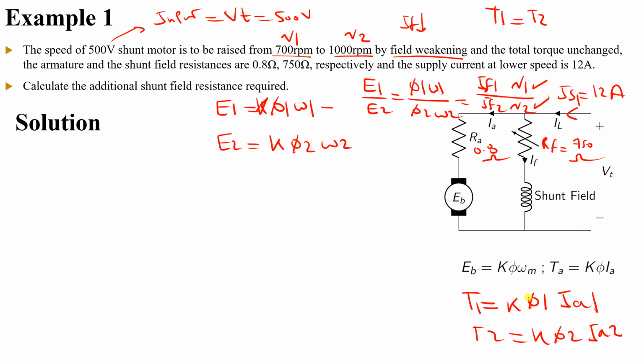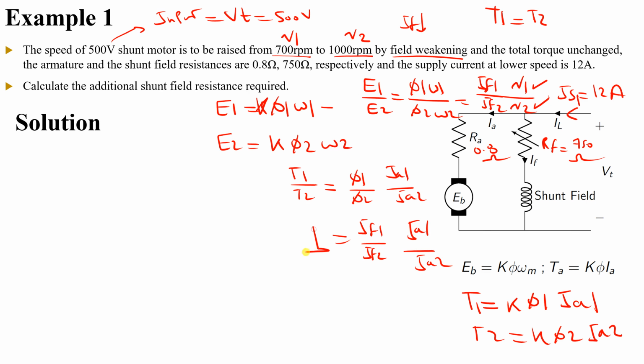If you divide these two, you will have T1 over T2 equals phi 1 over phi 2 multiplied by IA1 over IA2. Again, phi 1 over phi 2 is IF1 over IF2, multiplied by I armature 1 over I armature 2. Now T1 over T2 is equal to 1. So we have this relation and we have this relation.